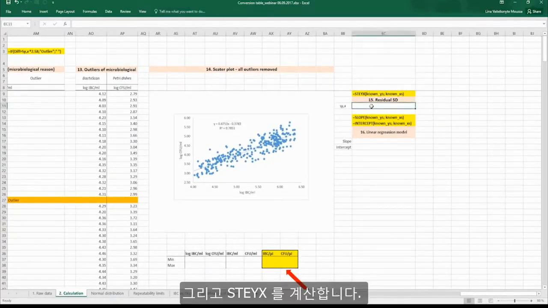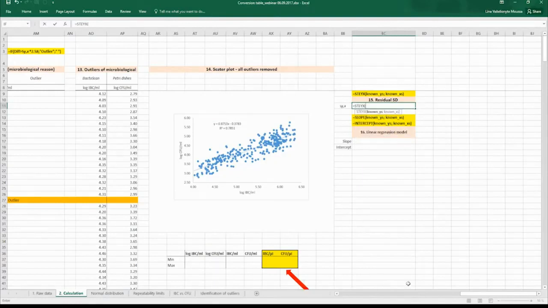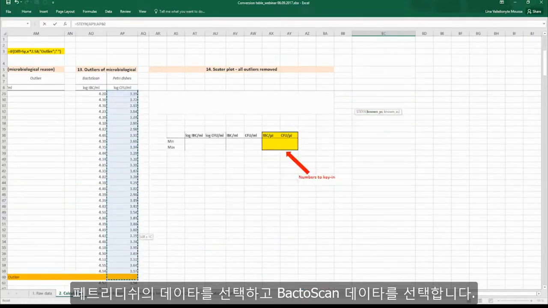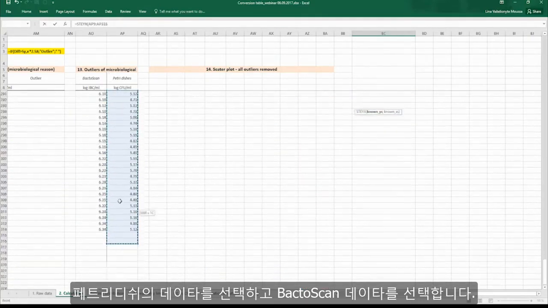So now again we have to calculate STYX, standard deviation, selecting the data from Petri dishes and then the data from BactoScan.